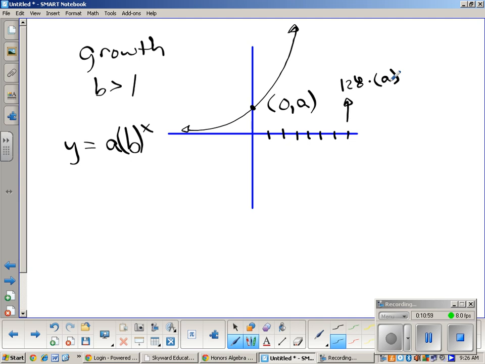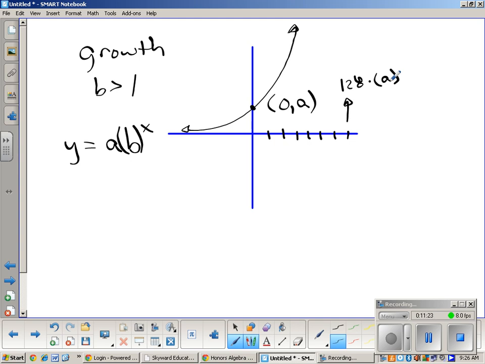Now, if my B value was 4 or 5 or 6, still, that's really going to shoot up fast, isn't it? 5 squared is 25. 5 to the third power is 125. Now I'm at 3, I'm at 125 times whatever A is. And to the fourth power is 625, and then from there on it really gets big fast, doesn't it?